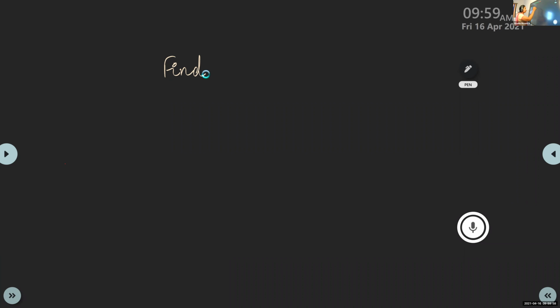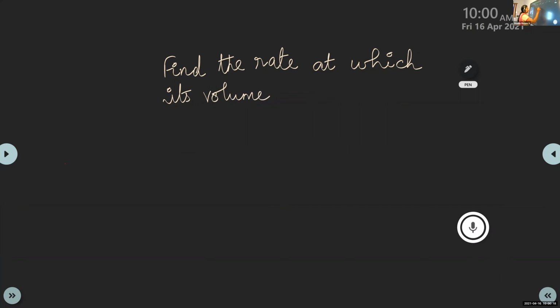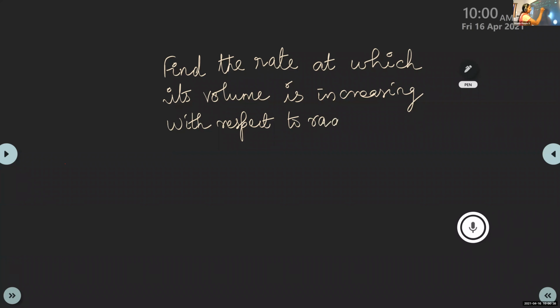Find the rate at which its volume is increasing with respect to its radius when the radius is 7 centimeter.